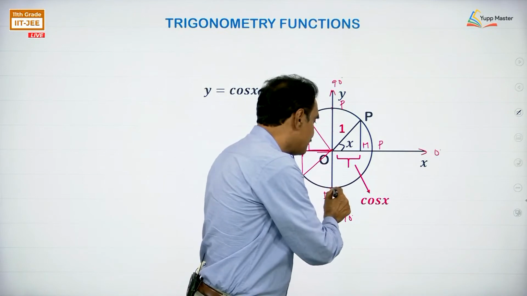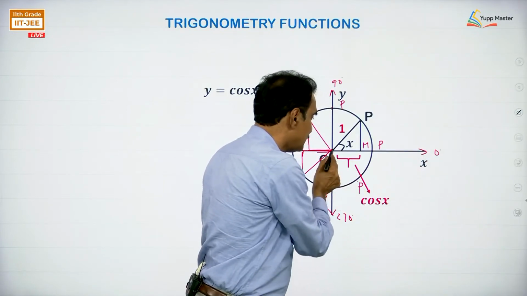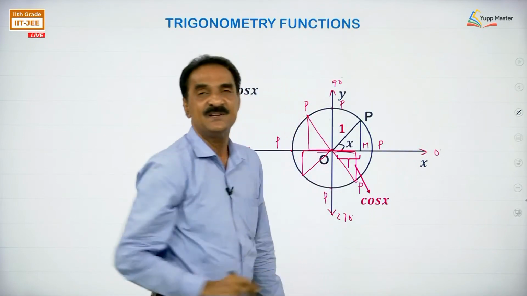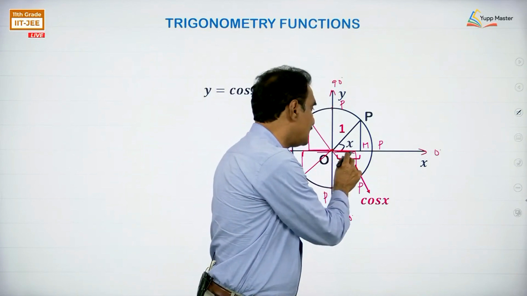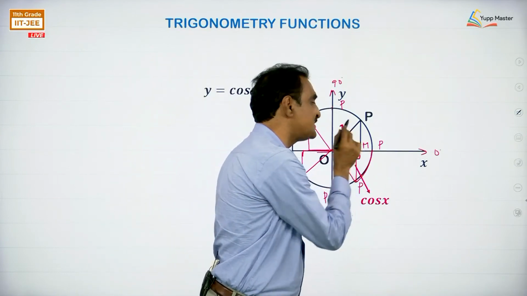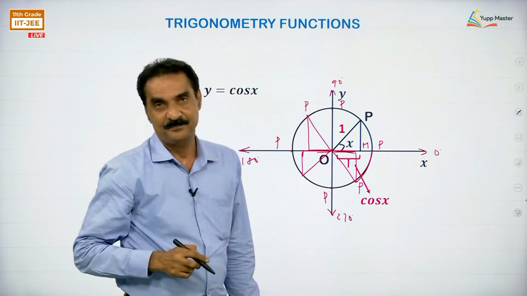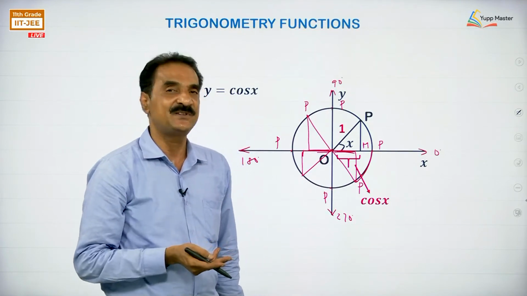Again from here, if the point is moving like this, then this adjacent side will be increasing with positive sign. So, from 0 it starts increasing. When P reaches this position, 360 degrees, cos x becomes 1. This is how cos x changes when the angle changes from 0 to 360 degrees.